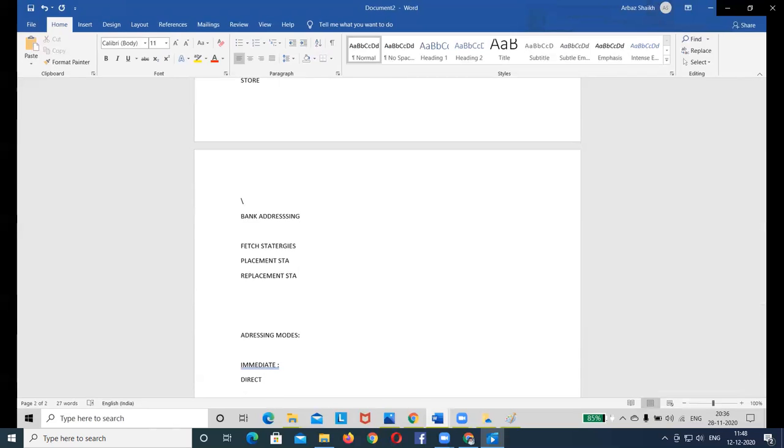In high-level language, direct addressing is frequently used for things like global variables. The advantage is a single memory reference to access data, and it is more flexible than immediate.